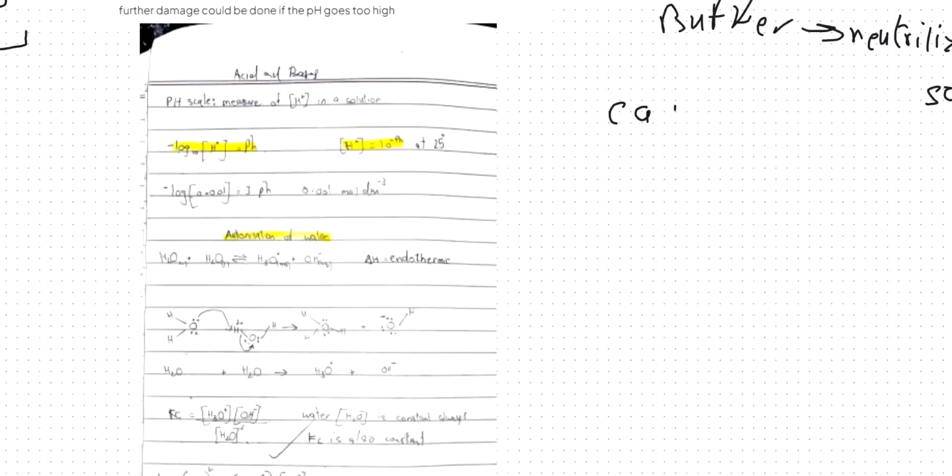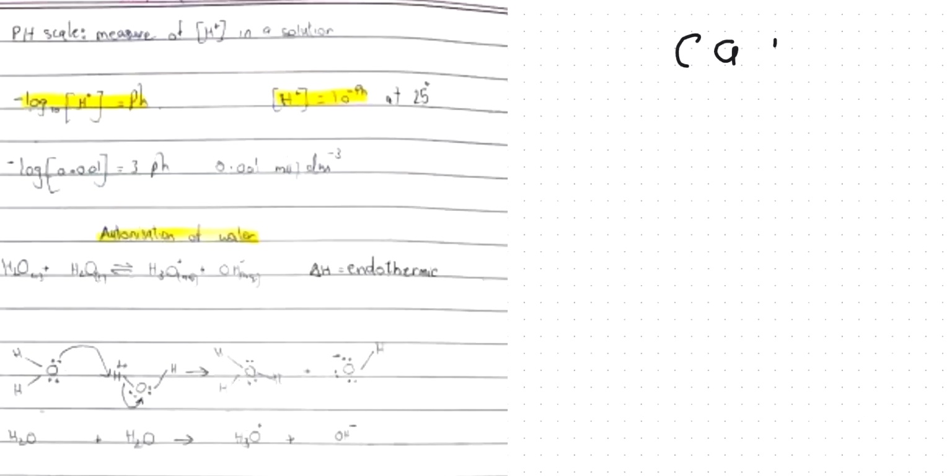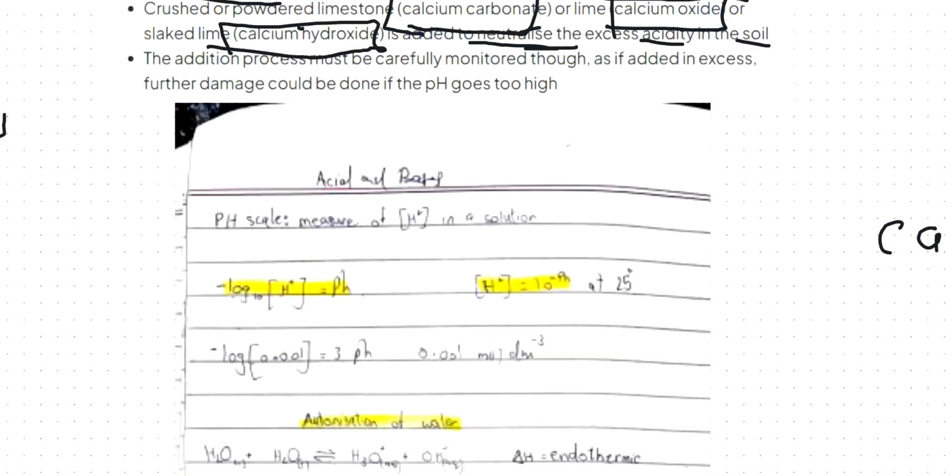Now you go into the more detailed stuff, so I want to zoom in right here. In the questions, I've not really seen this topic, but you have to know it if it comes. pH is the measure of H plus ions in a solution. How many H plus ions you have in a solution is determined by the pH.